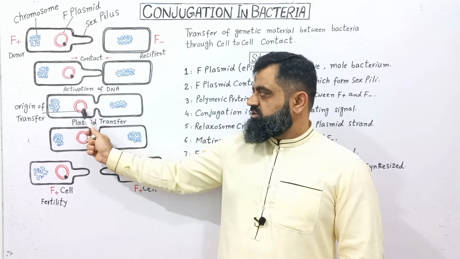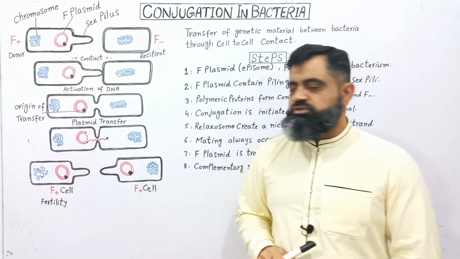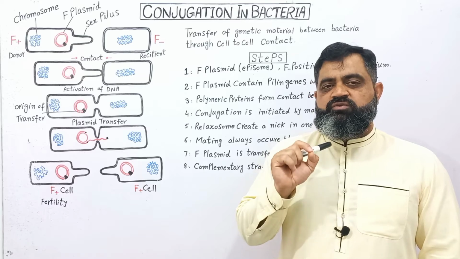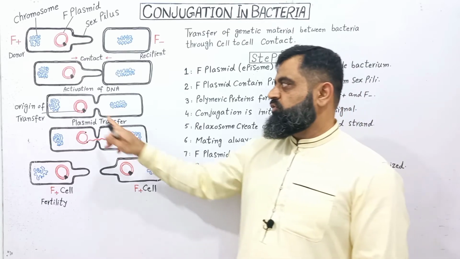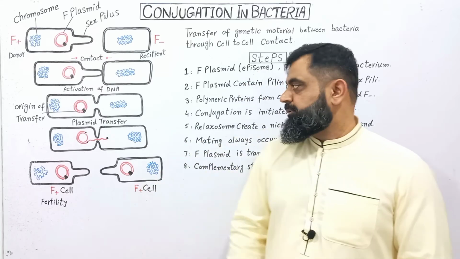In this red circle, which is a plasmid, you can see the black spot. This black spot is known as the origin of transfer. Right here, the endonucleases will cut the DNA and form a small nick from where the DNA can be separated.